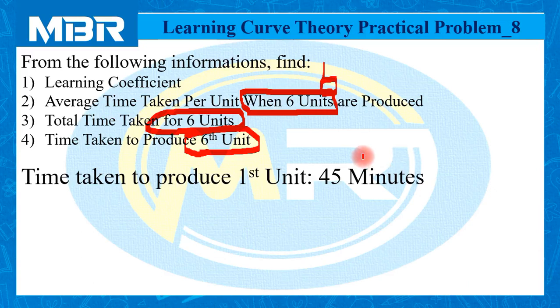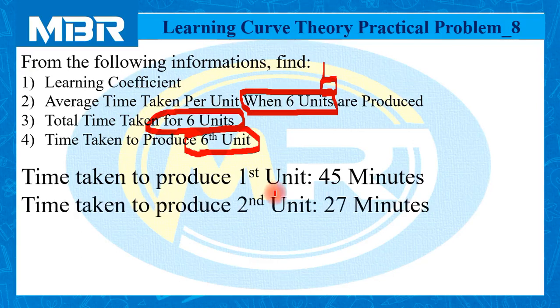As a part of our equation, the examiner has provided us information related to time taken to produce the first unit. It is 45 minutes and time taken to produce the second unit is 27 minutes.